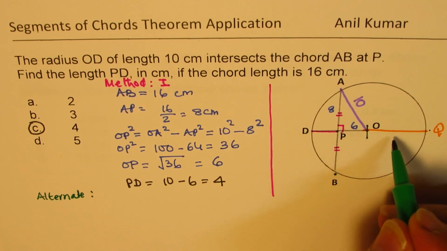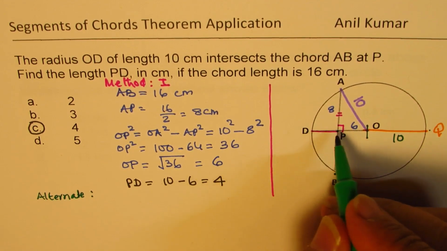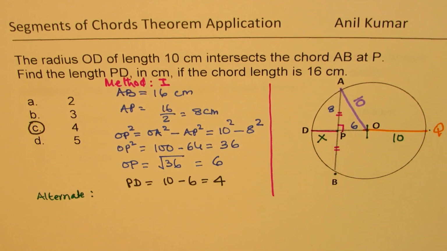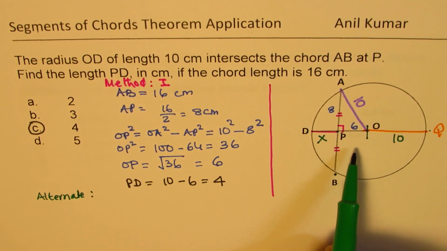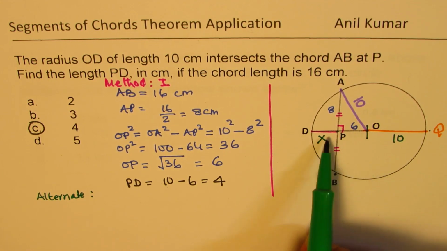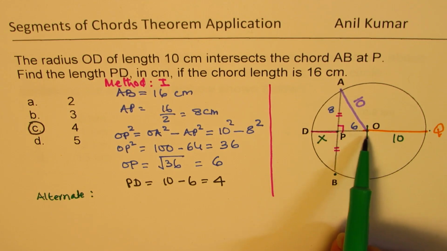Now we know this is 10. Let us say P to D is X, correct? So in that case, PO is going to be 10 minus X, right?